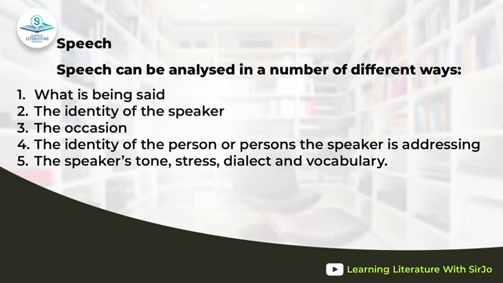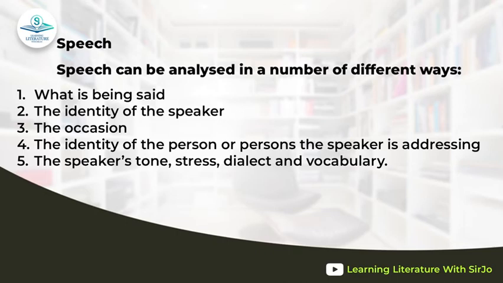So what is the statement this character is making? And who is this particular character? The identity. Is the character the protagonist? Is it a major character or a minor character? Is what he is saying authentic? Is it a fact? Is it a truth?